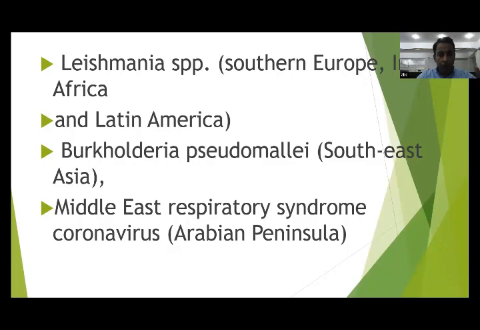You have heard about MERS, which causes influenza-like illness in Arab countries, and its outbreak there was approximately 10 years back. It has the same presentation as a coronavirus.